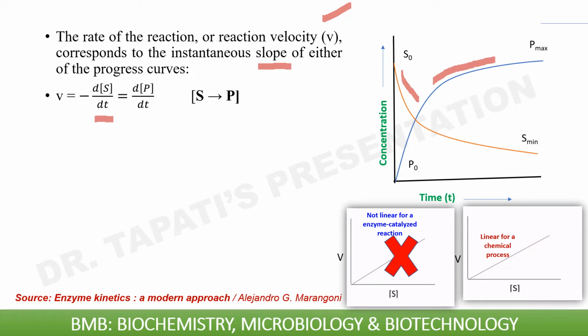The minus sign is for the substrate depletion. Or we can represent it as V is equal to dP by dt in case of this first order reaction where substrate S is converted to product. So in case of a first order chemical reaction, you will get a straight line if you plot V versus S.